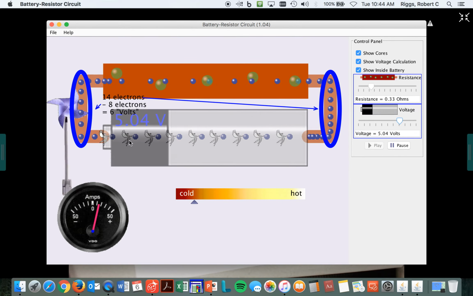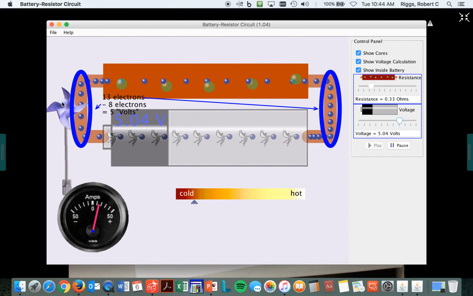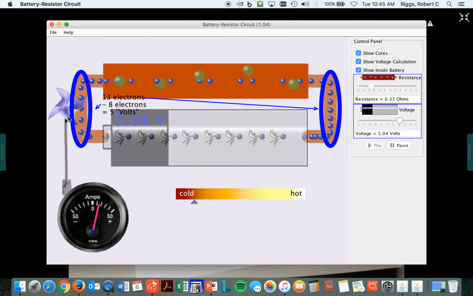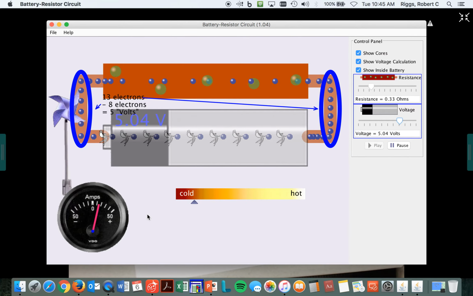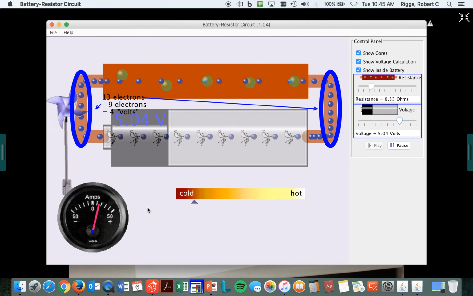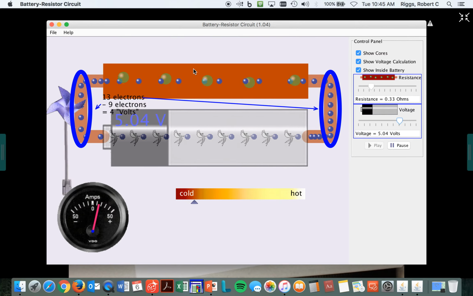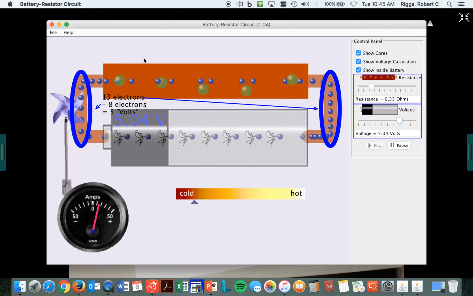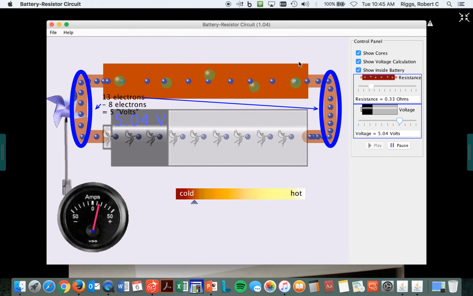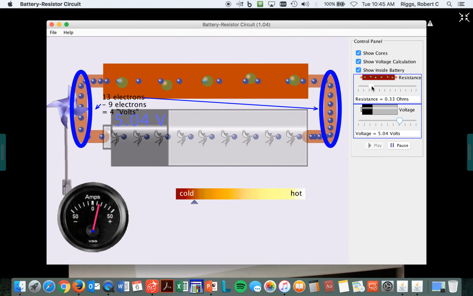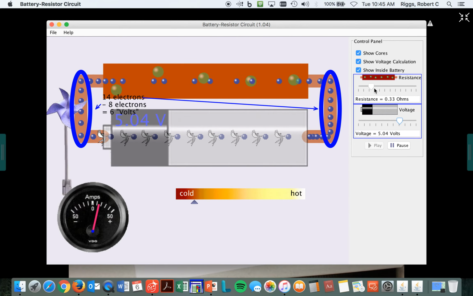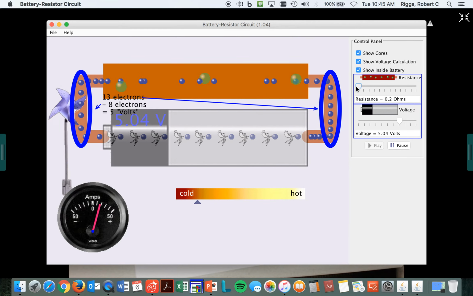Here's our resistance. This is supposed to be measuring if it's hot or cold. Here's our resistor, which you don't know anything about yet, but there's the resistance slowing it down. If our resistance goes really low, watch what happens.